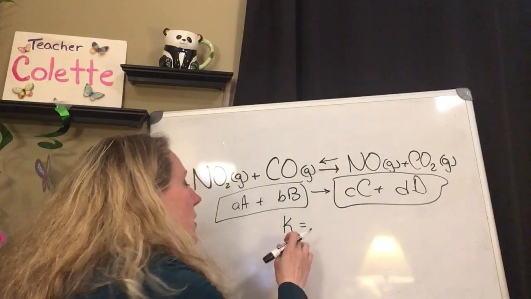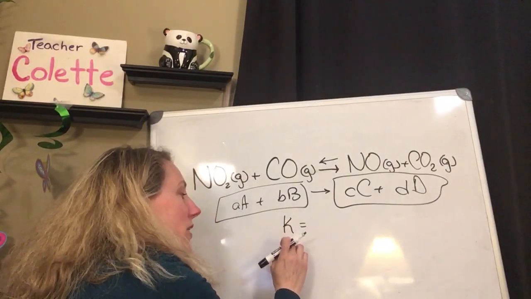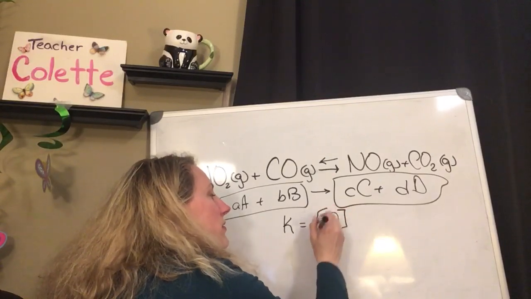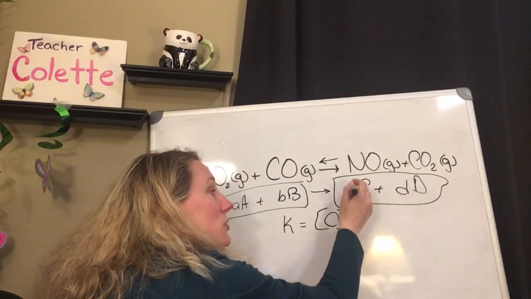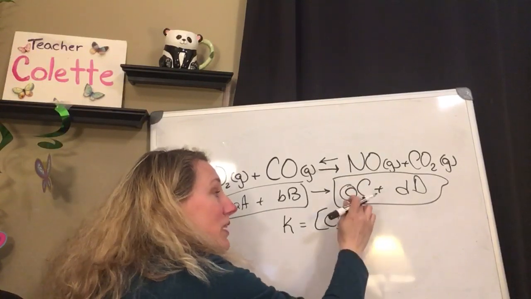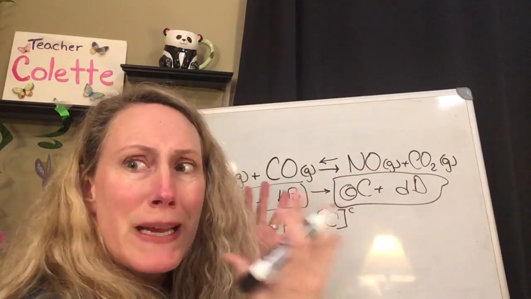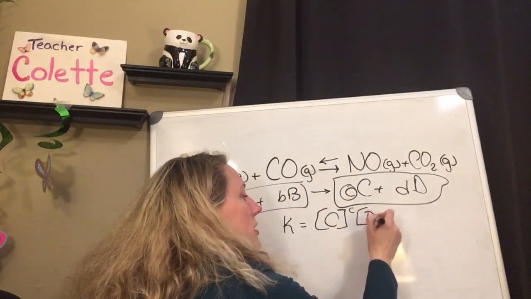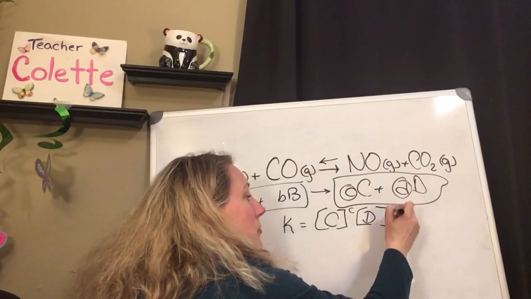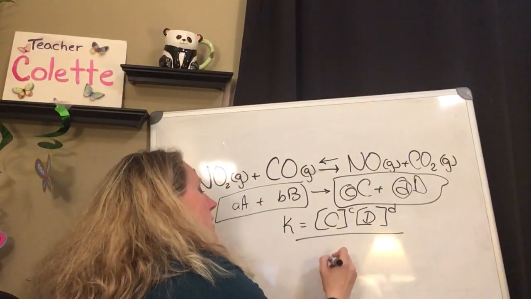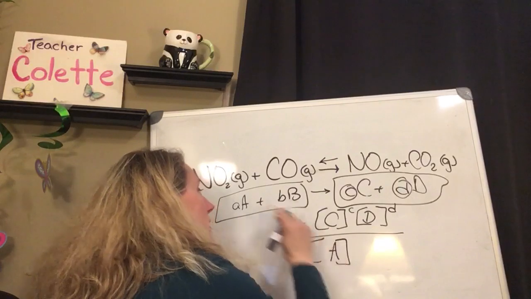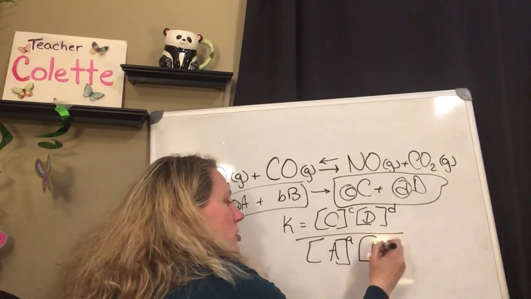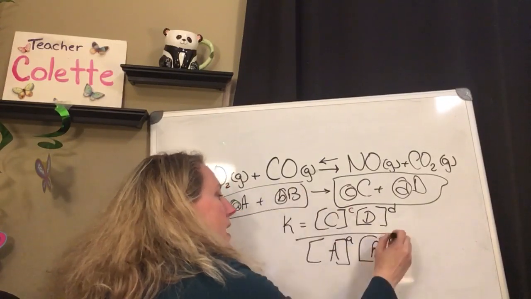So the equilibrium constant K is the concentration of C to the exponent of its stoichiometric coefficient, times the concentration of D to its exponent, divided by the concentration of A to its exponent, times the concentration of B to its exponent.